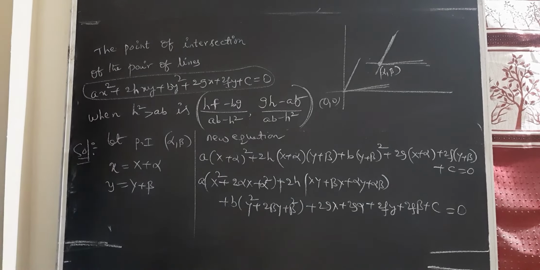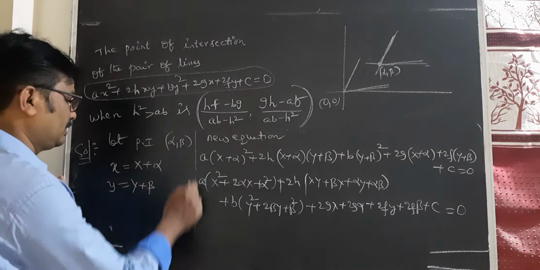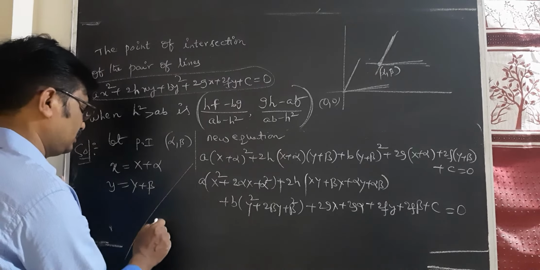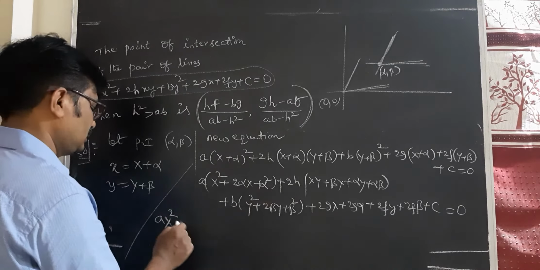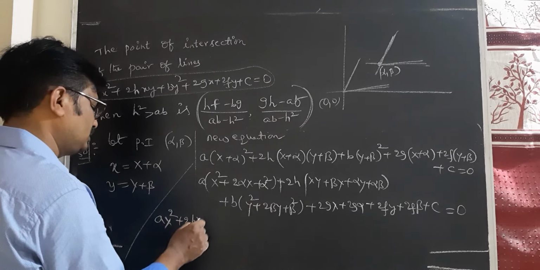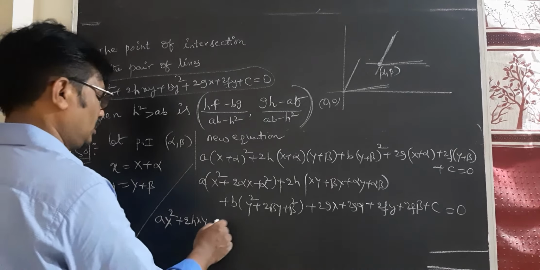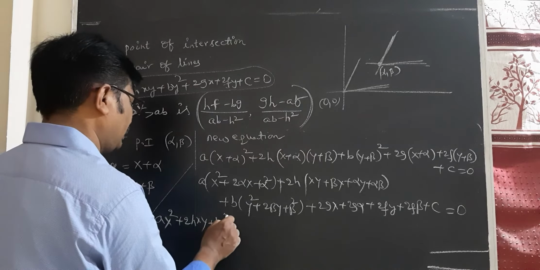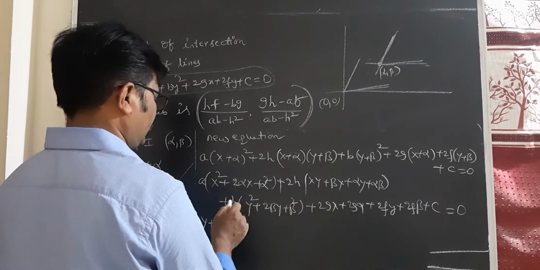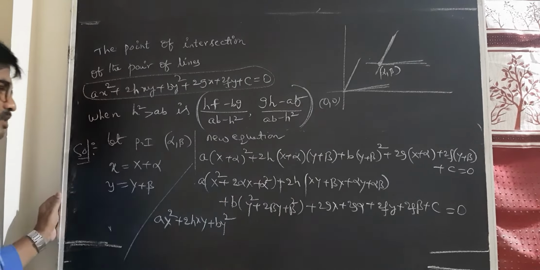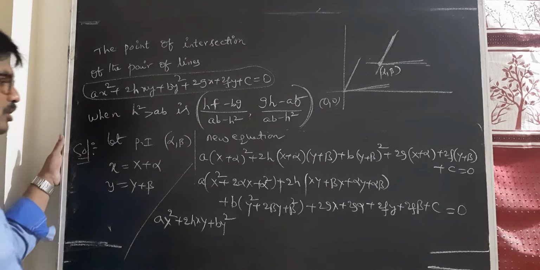From this we can write: aX squared, 2hXY, bY squared. These are the first two terms.